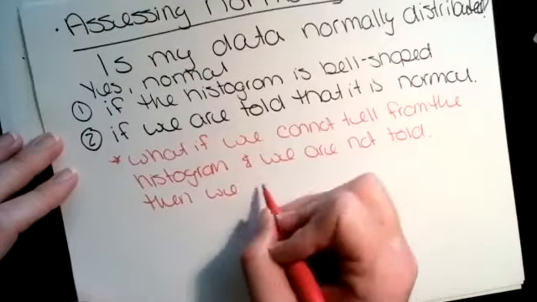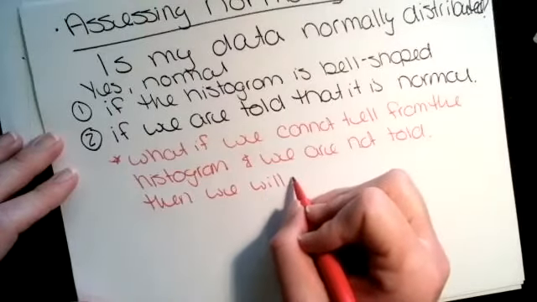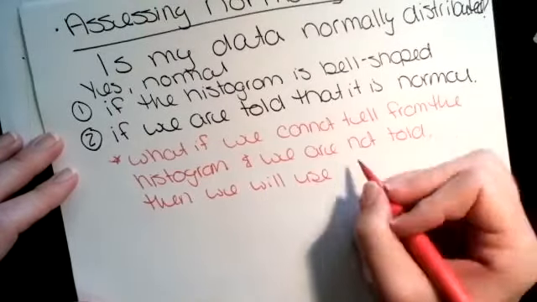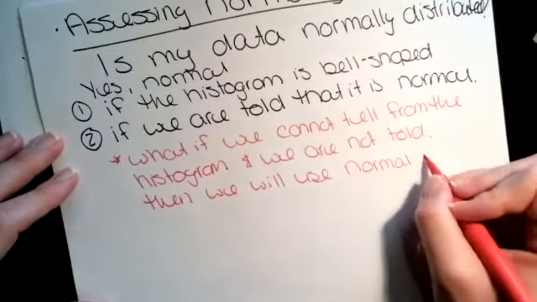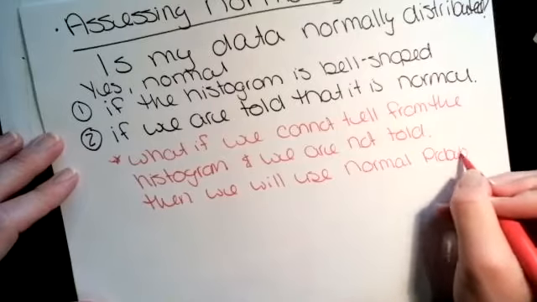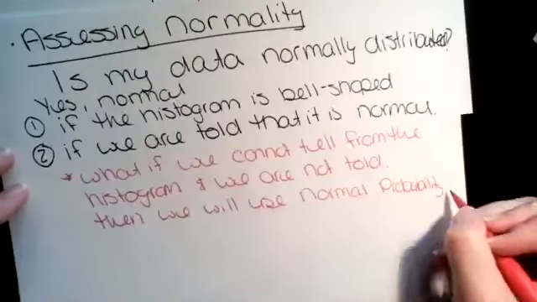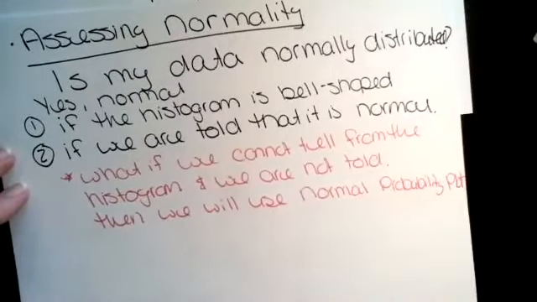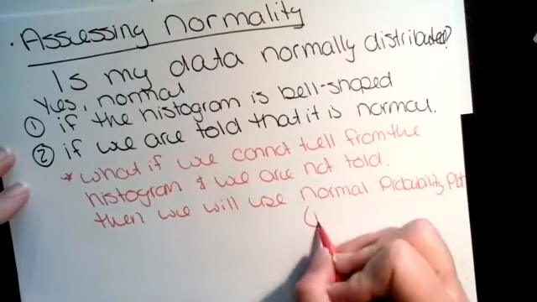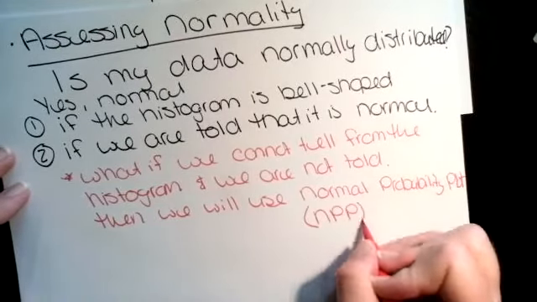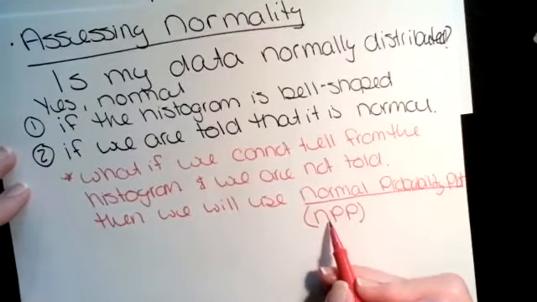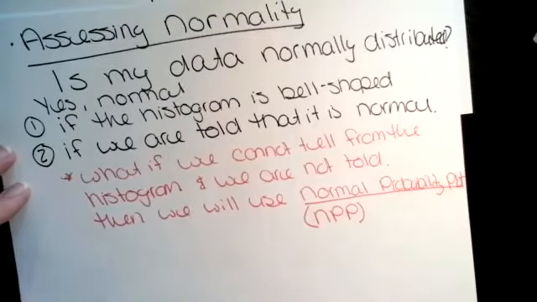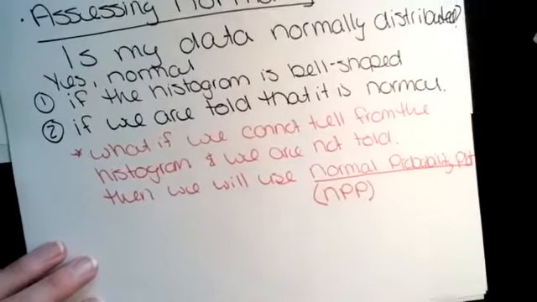Then we will use a normal probability plot. And a normal probability plot is just an NPP. I never write it out after this, and I never even say it. I just say NPP. That's a normal probability plot.